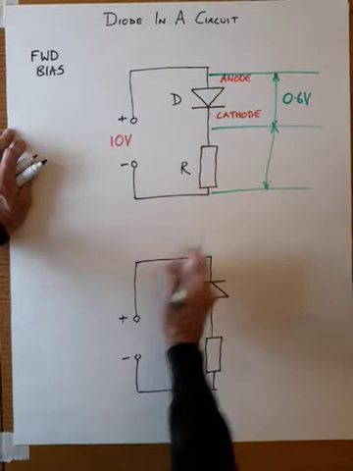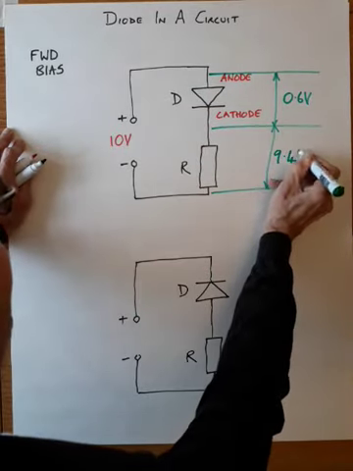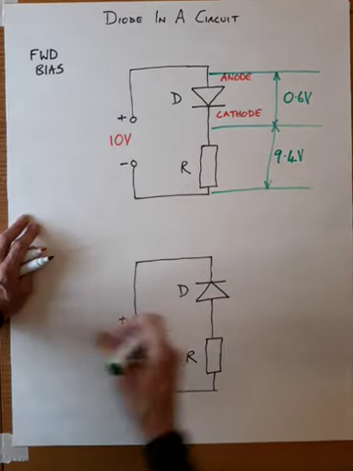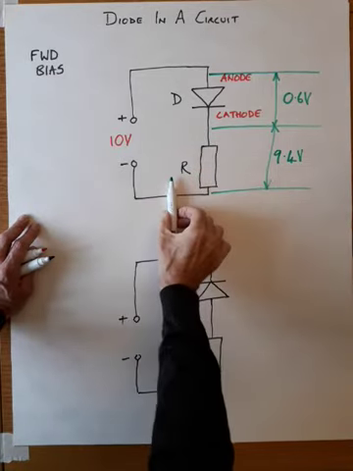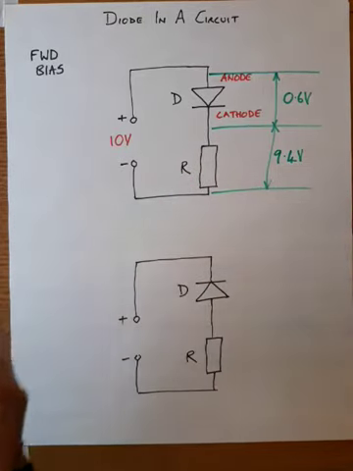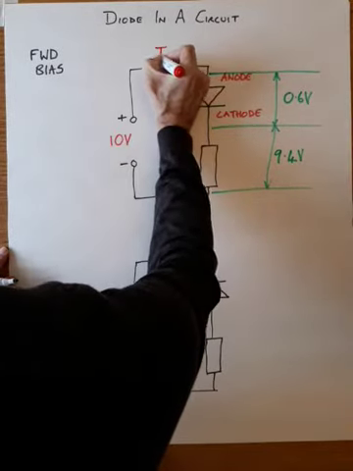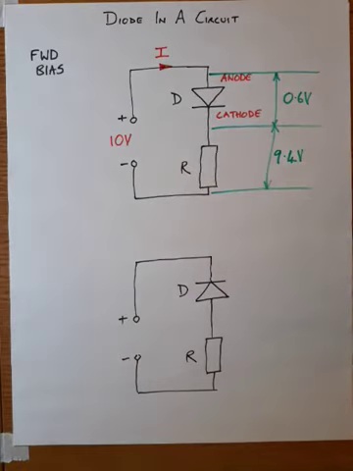So with a 10 volt supply, that will leave us 9.4 volts across our resistor. So this is forward bias. We make this conduct, and what is happening is a current is flowing around the circuit.